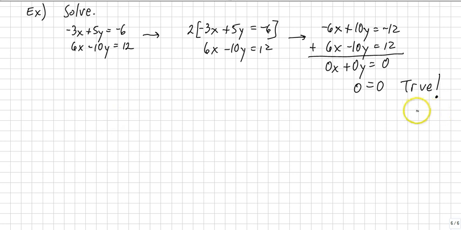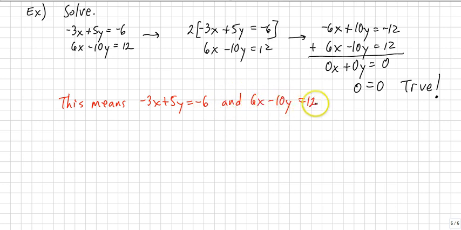So this means negative 3x plus 5y equals negative 6, and 6x minus 10y equals 12 are the same line.